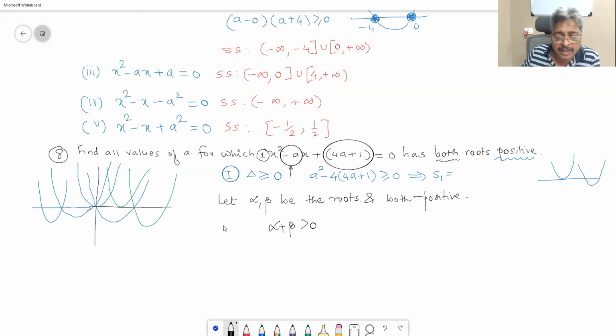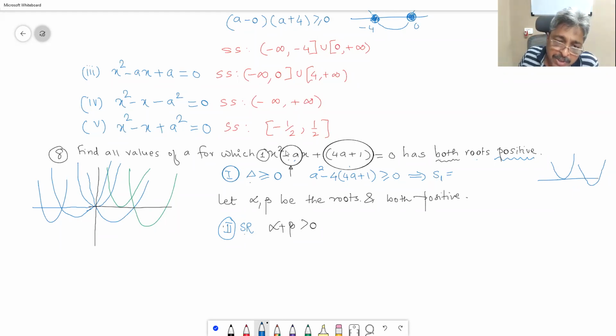So we can say that our second condition which we need to consider is the sum of the roots. Delta is the information available. Sum of the roots is the information available. Product of the roots is the information available. That is the only information available. We have to exhaust all the information which is available to us.